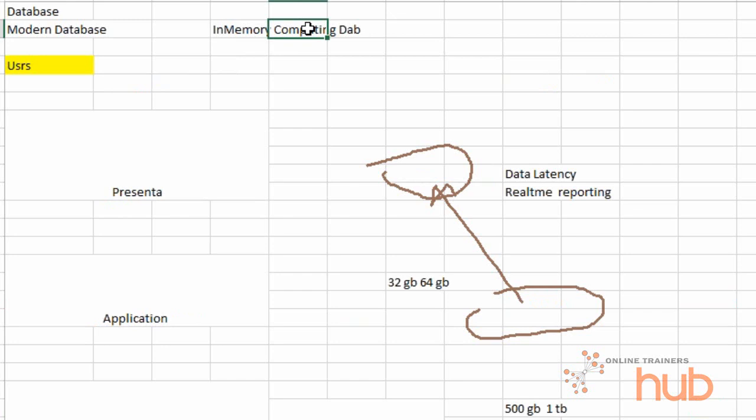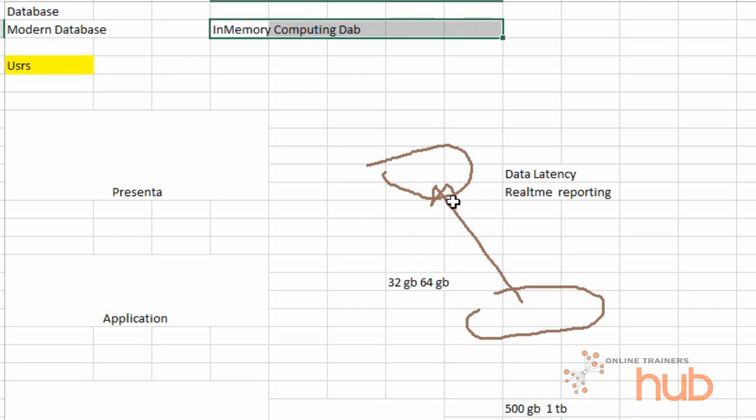So the problem with the traditional databases, the classical databases, is what I have told you. Now, in-memory computing has two main things.